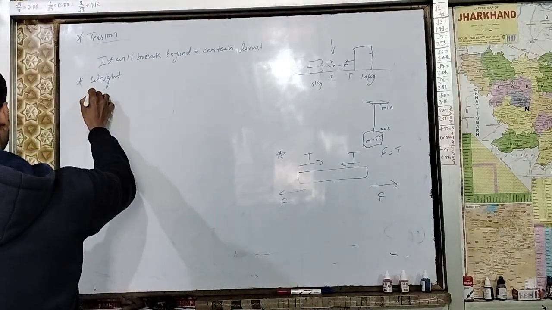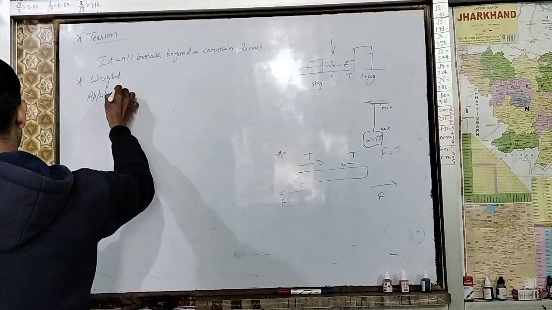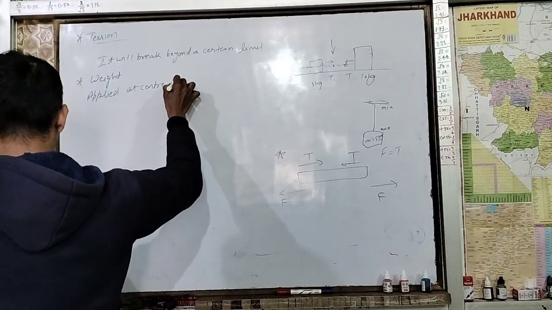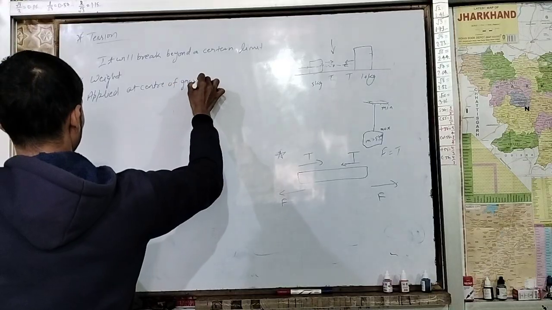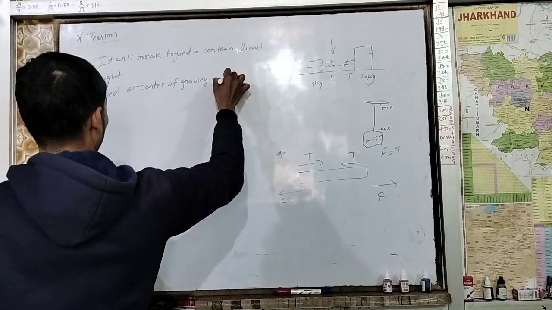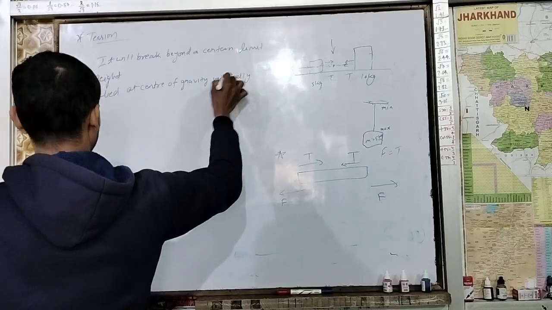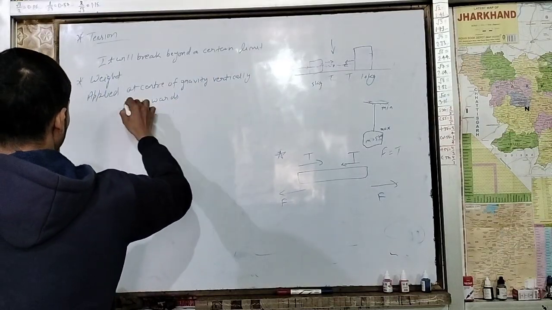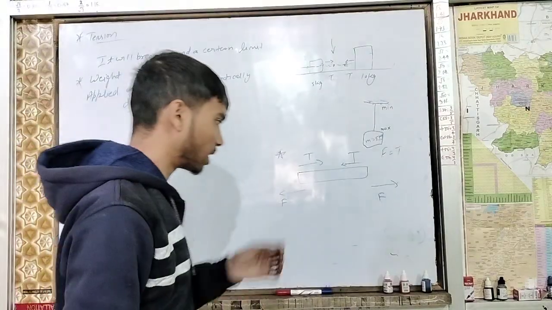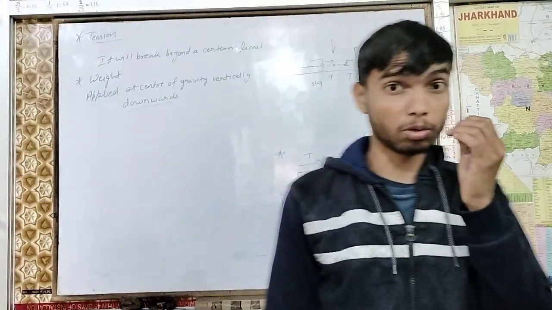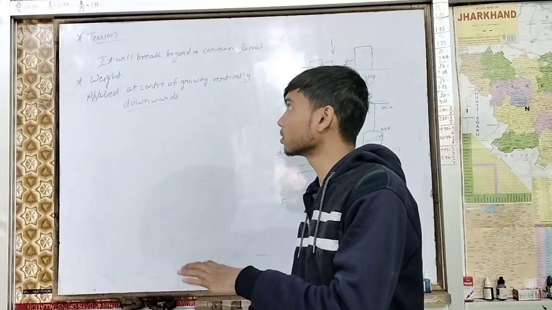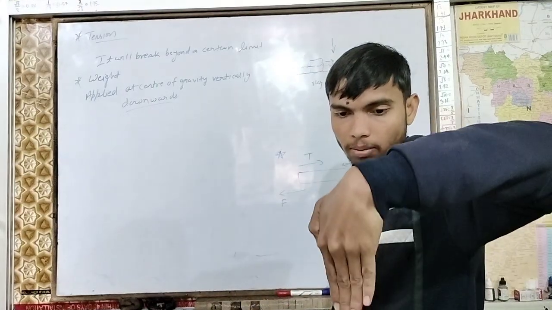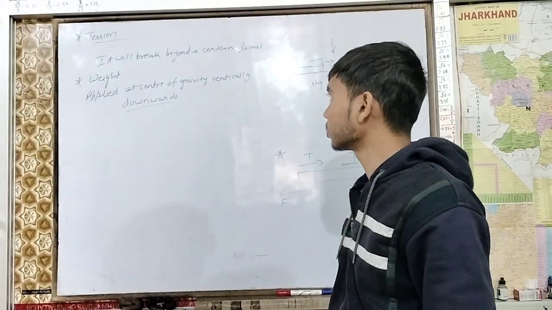You can say it is applied at the center of gravity vertically downwards. So whatever force is applied on the object, this is the applied force at the center of gravity. Again I am telling you, the total object will be perpendicular to the center of the earth.